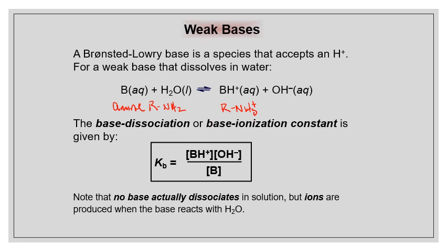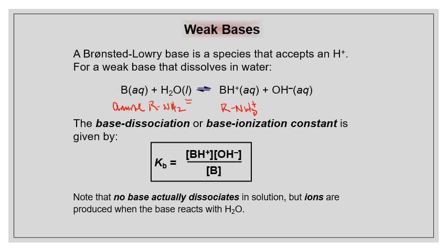The base dissociation or base ionization constant is following the same type of pattern as your acid dissociation constant. We just label it as Kb instead of Ka. So we would have our products, BH plus and OH minus, divided by the initial concentration of the reactant, B. Just as with the acid, the water is a liquid, so it would not be incorporated into that Kb expression.